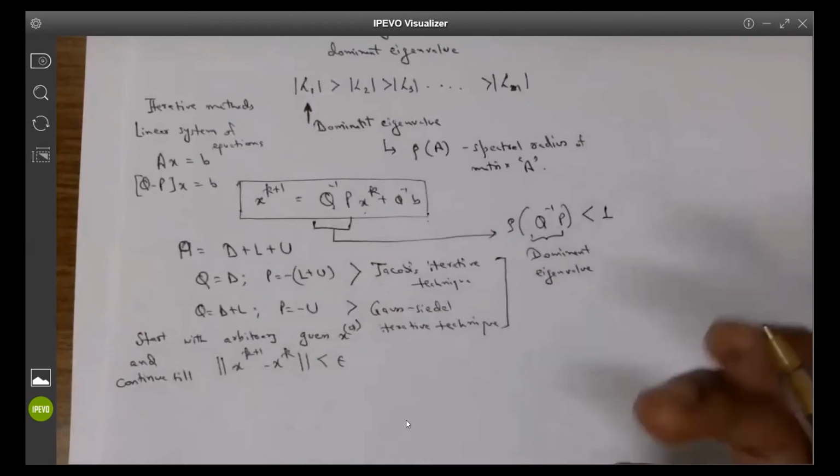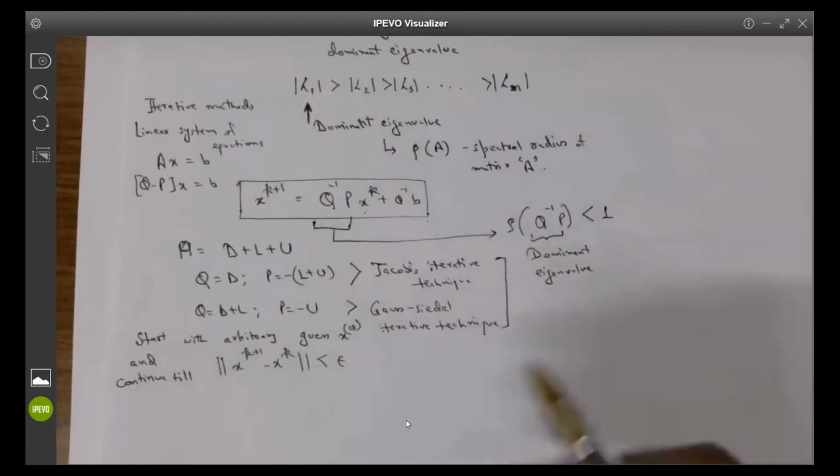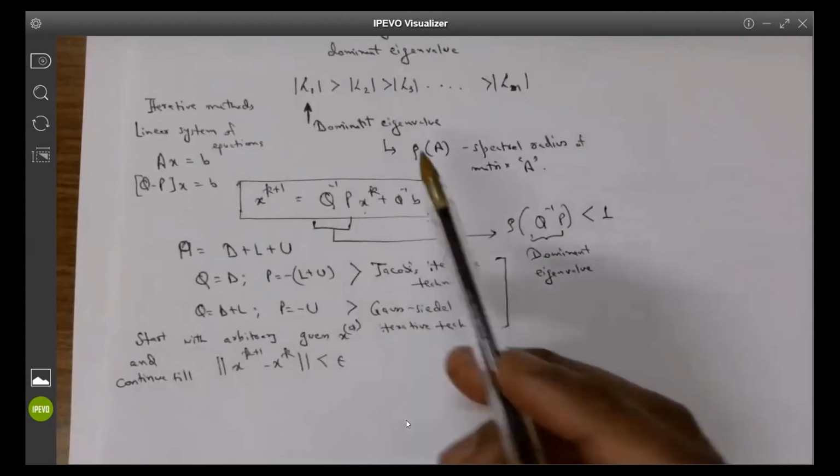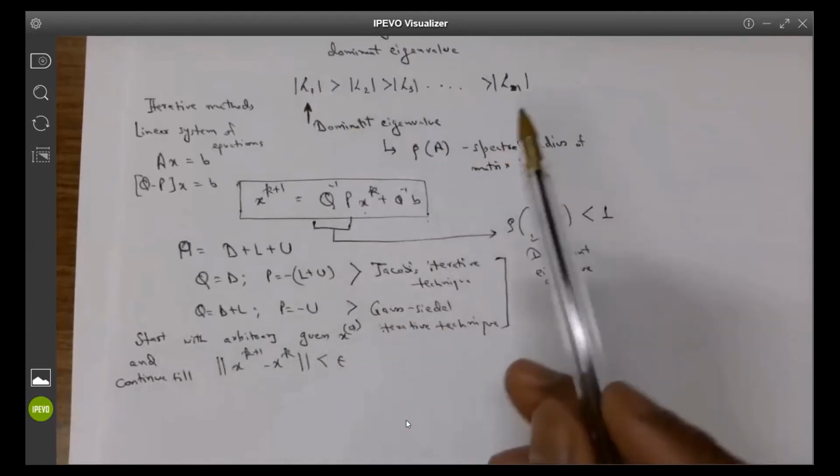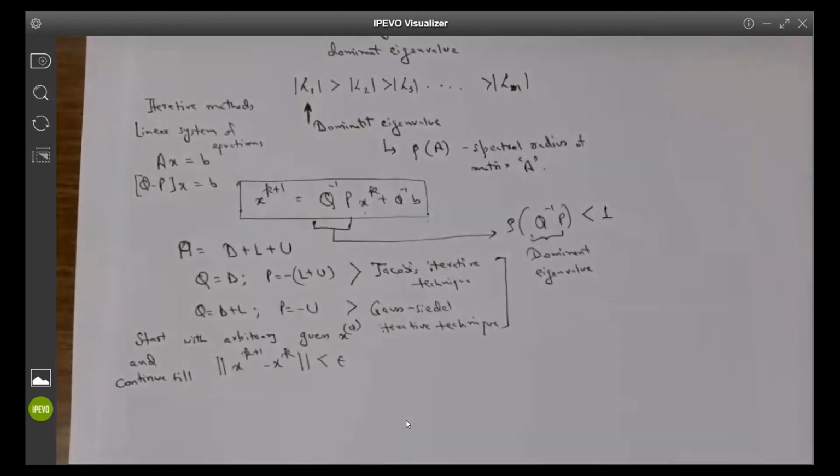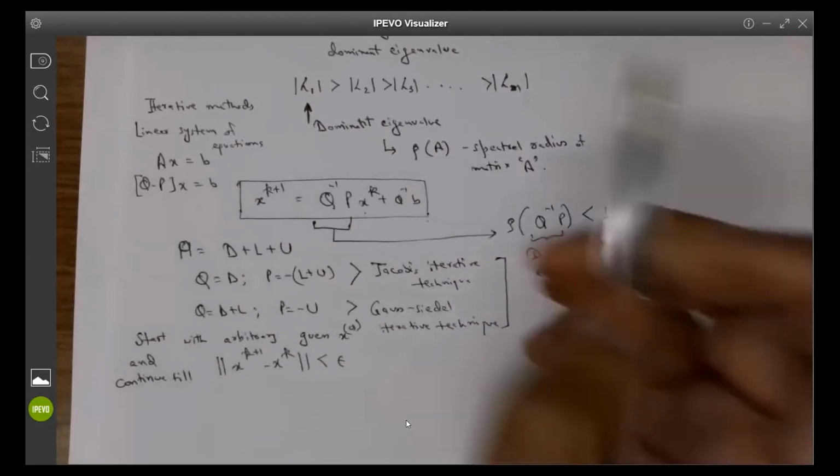There are many other instances where there is a need for the dominant eigenvalue. For example, if you work with vibrations and natural frequencies, then the first eigenvalue, the first frequency, is the first mode, and thereafter come the other eigenvalues.